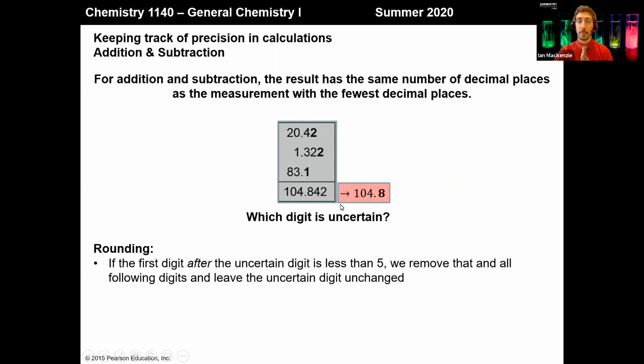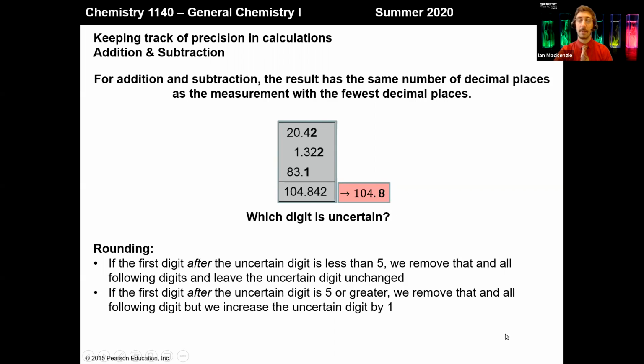And so I just drop the 4 and the 2 to leave me 104.8. If, however, the first digit after the uncertain digit is 5 or greater, then I will round up. I'll remove those other digits, but I'll increase the uncertain digit by 1. So if it was 104.862, then I would round it to 104.9.